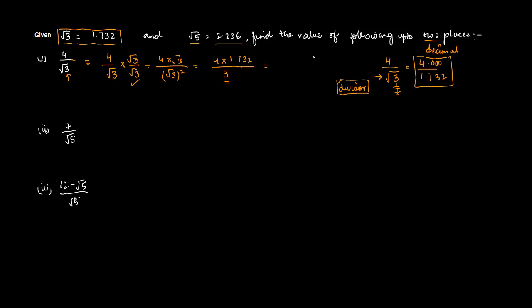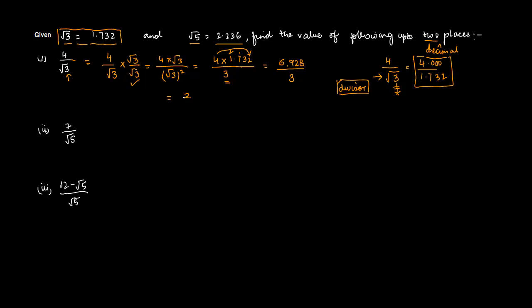So let's do the multiplication. 4 times 2 is 8, 4 times 3 is 12, 2, 1 carry, 4 times 7 is 28 plus 1, 29, 2 carry, then there's a decimal point, so we put in 4 times 1, 4 plus 2, 6. 6.928 upon 3, right? And we can easily now divide this number by 3.